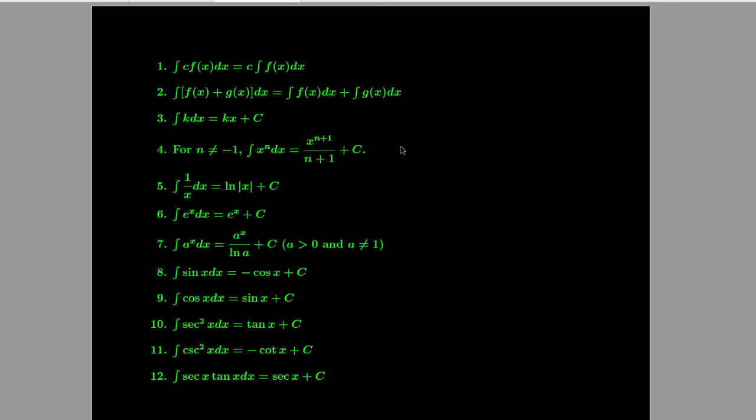On the screen, you have a PDF file containing all the basic formulas I want you to know. Try to memorize all the basic formulas by Wednesday. Okay. And then I'm going to make some comments and I'm telling you how to memorize.